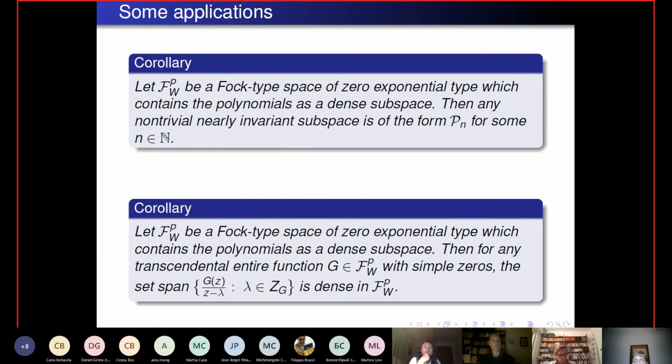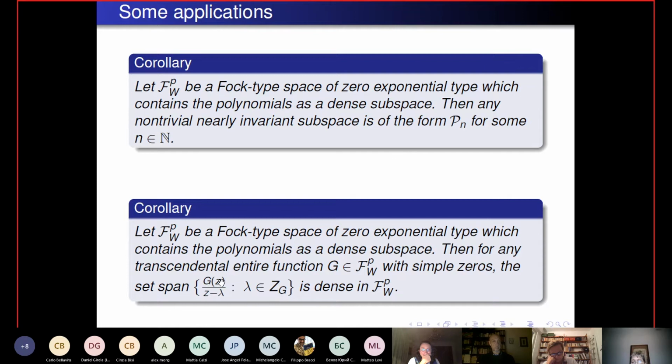Then here's another type of result about these one-generated subspaces. So you start again with such a Fock-type space of zero exponential type containing polynomials as a dense subset. And then take a transcendental entire function, with simple zeros, and do this span.